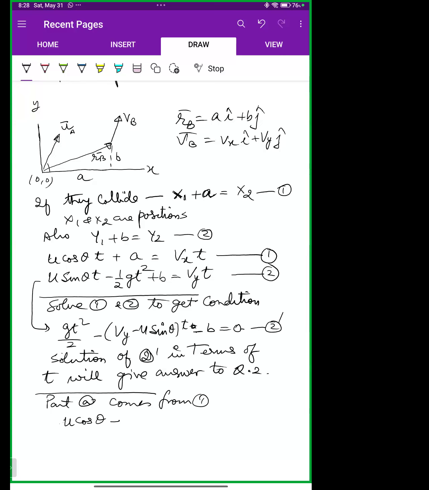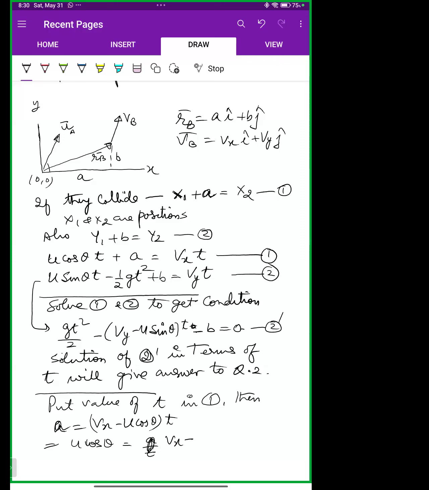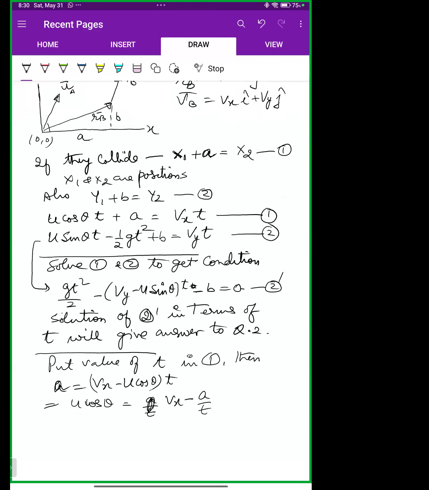So u cos theta is equal to Vx minus A upon t. This is the condition in terms of t, okay? It was to be given in terms of theta. So this is the condition for 1.